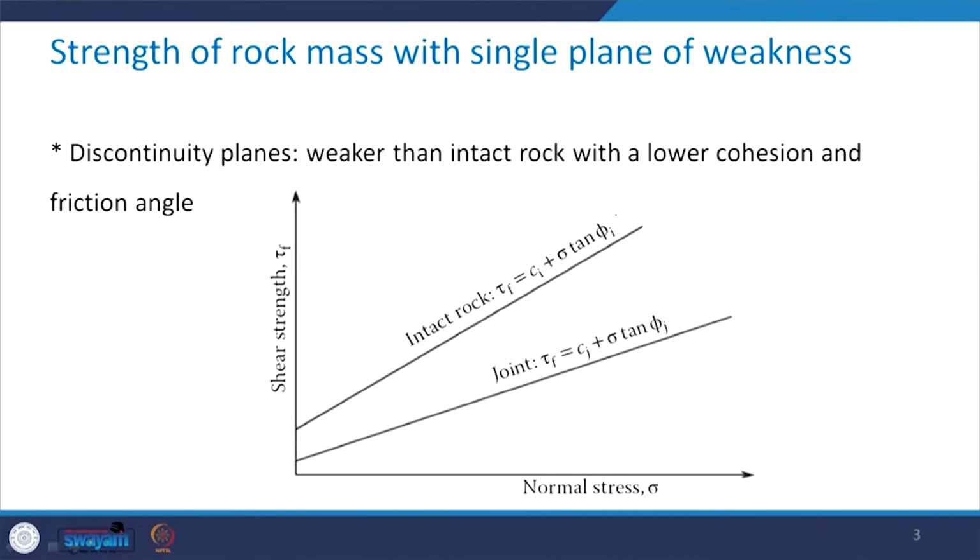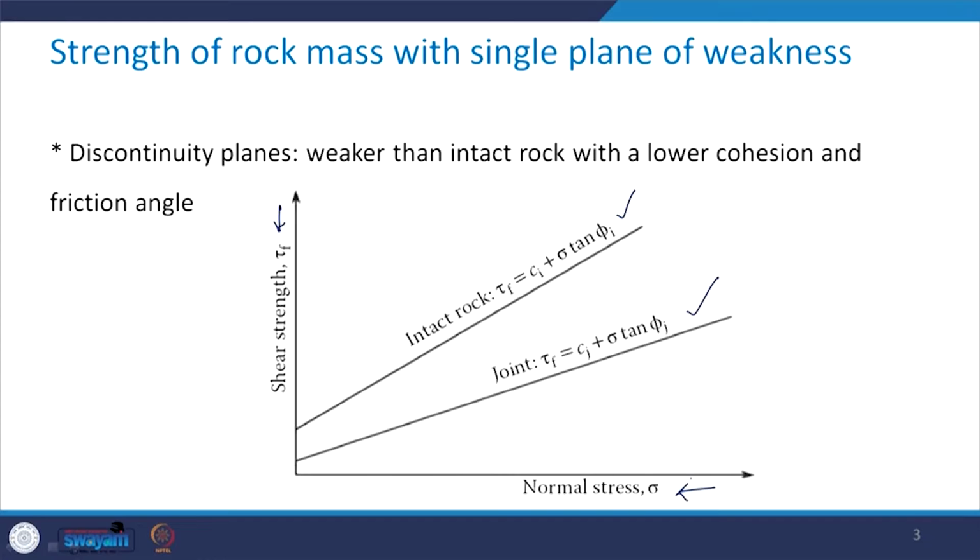So, here in this figure the plot for the intact rock and the joint has been shown in the space of shear strength tau f and normal stress sigma.